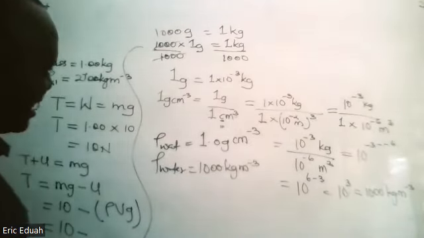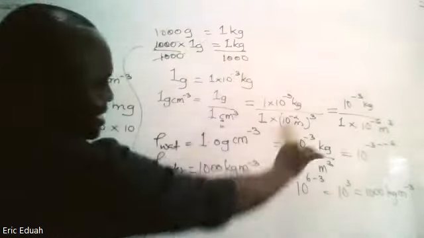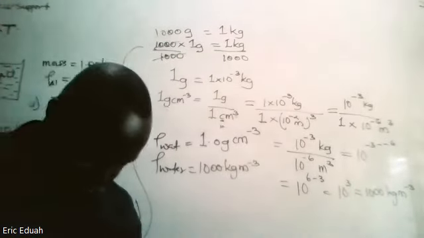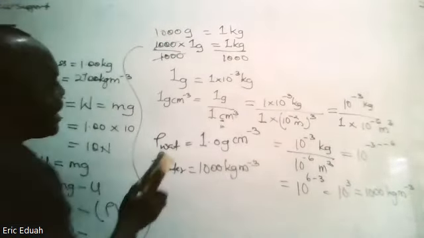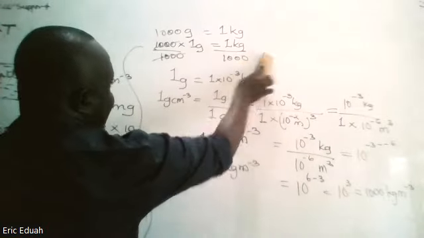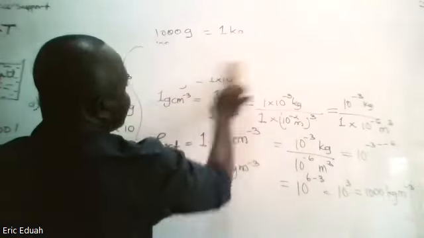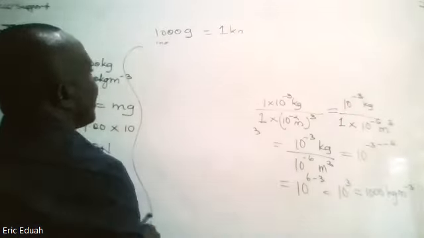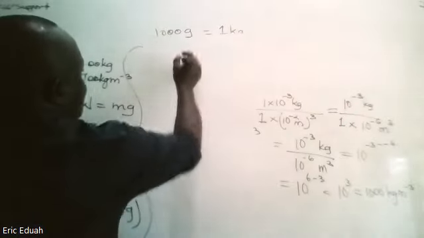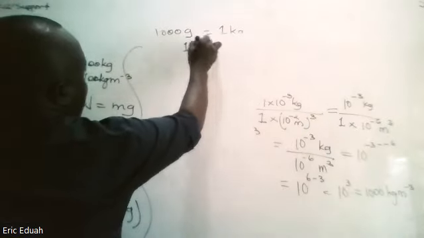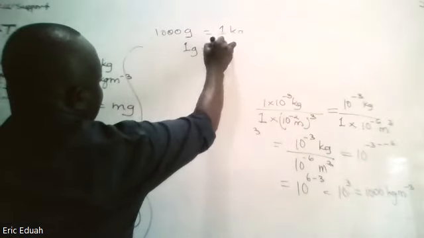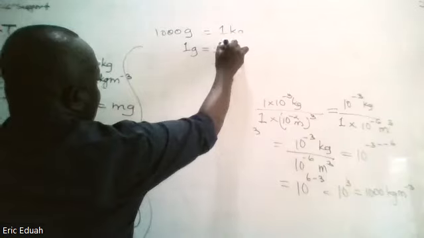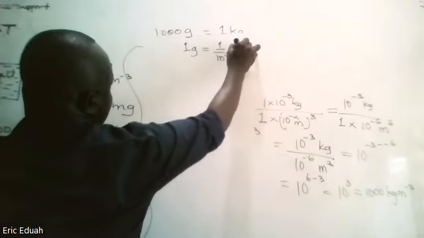Another way. Another way is this. As for the numerator, 1 gram would be equal to 1,000 kilogram.